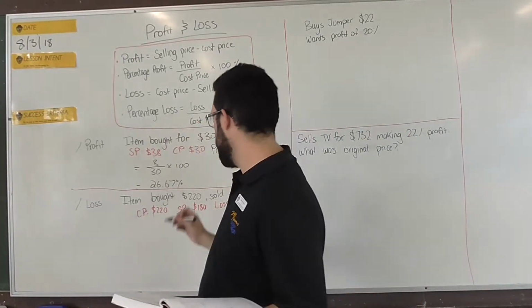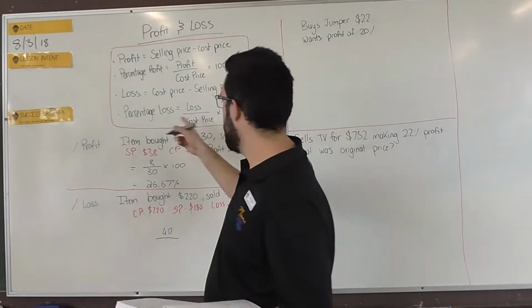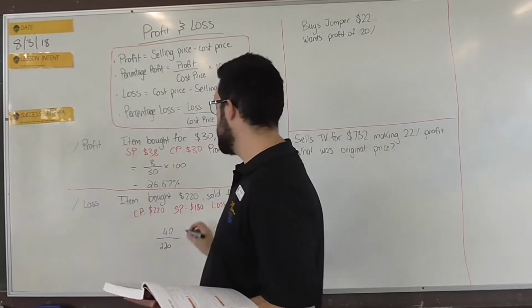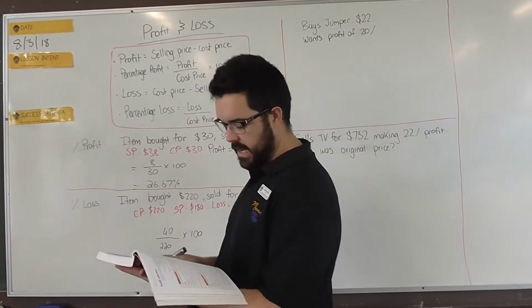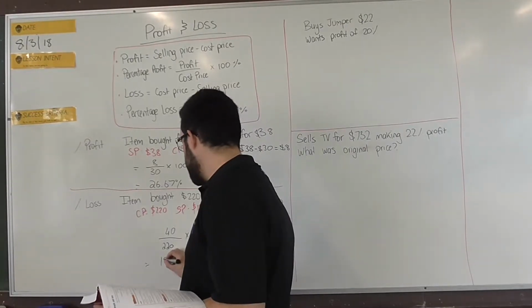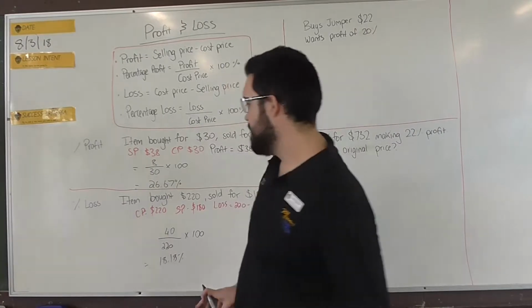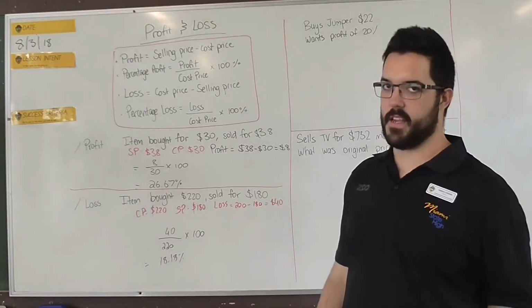So percentage loss is our loss, which was $40, divided by our cost price, $220, times 100 to get our percentage, which is going to end up being 18.18%. So our loss was 18.18% for that particular transaction.